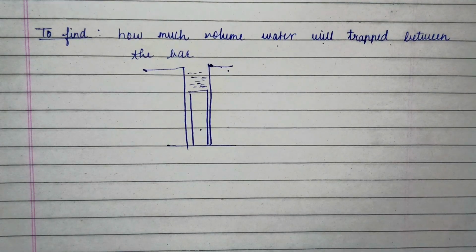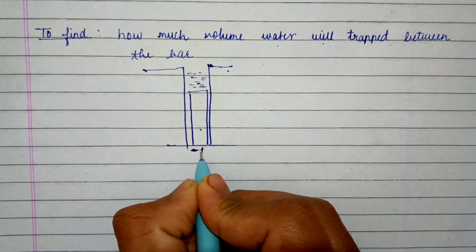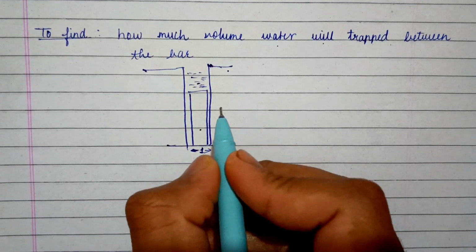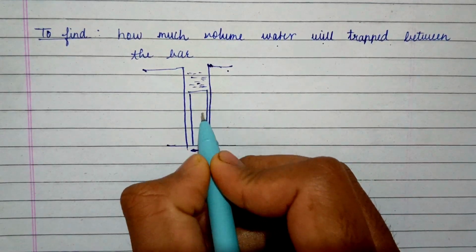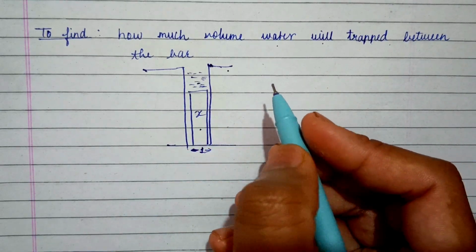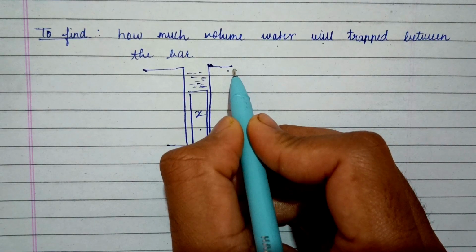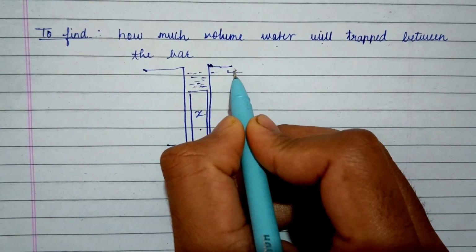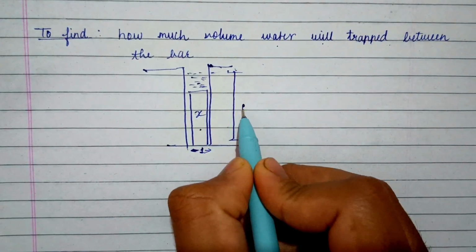We know the bar width is 1, and let's take the bar's length as x. And the total till which the water is stored we take as w.